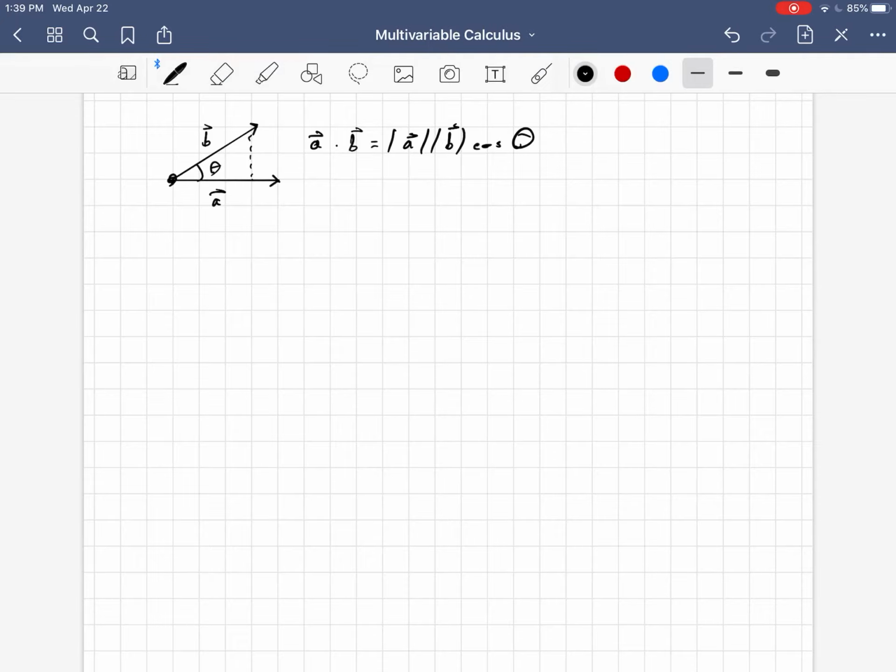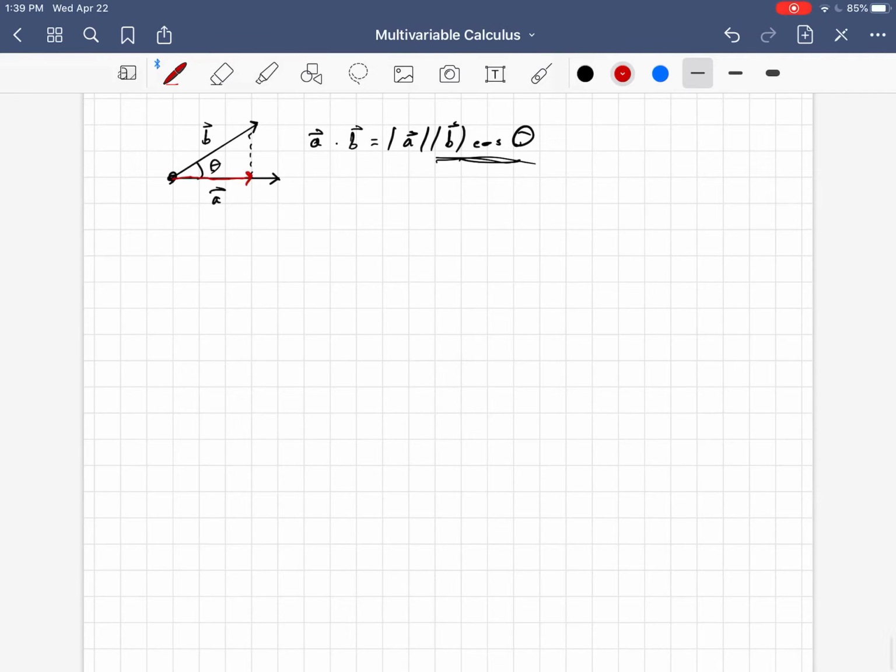Okay, so you have probably heard the definition that vector A dot vector B is a scalar. It's the magnitude of vector A, a scalar, times the magnitude of vector B, also a scalar, times the cosine of the angle between the two, which is, again, a scalar. And so what does that definition actually tell us? Well, let's look at the B cosine theta part.